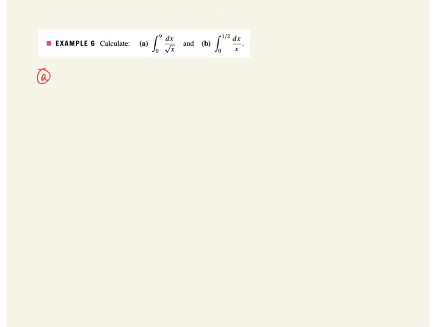So we're going to look at the limit as r approaches 0 from the right of the integral from r to 9 of x to the negative 1/2 dx, which would integrate to 2x to the positive 1/2. We still have to evaluate from r to 9.